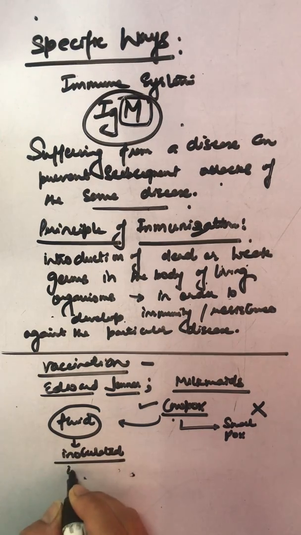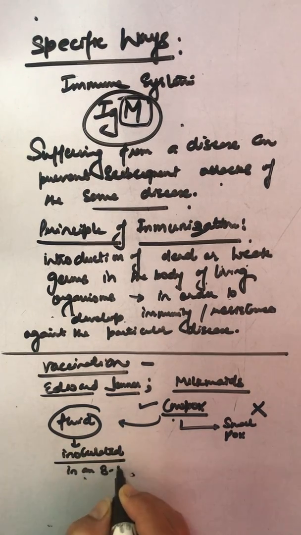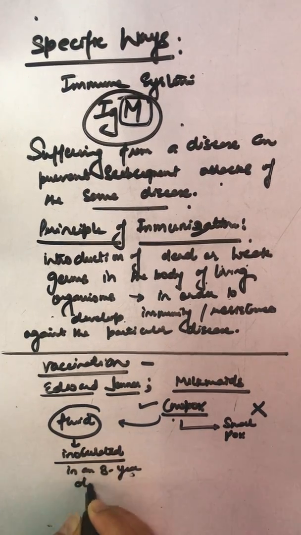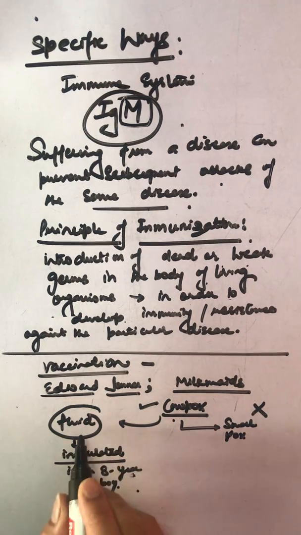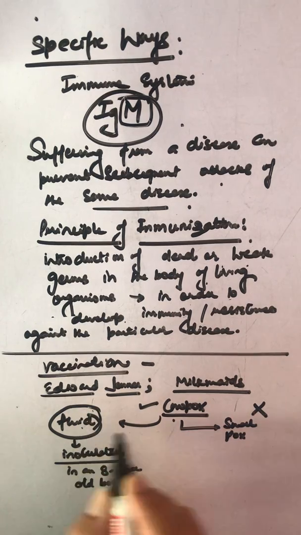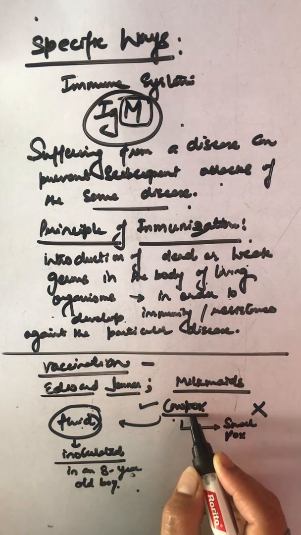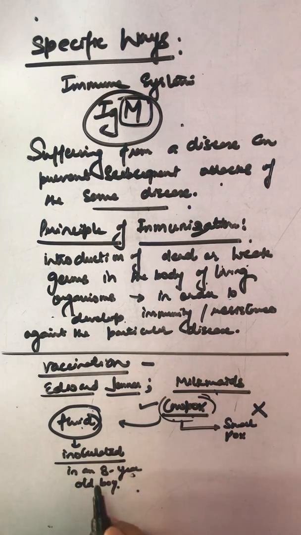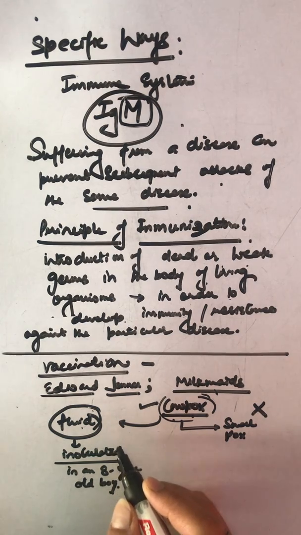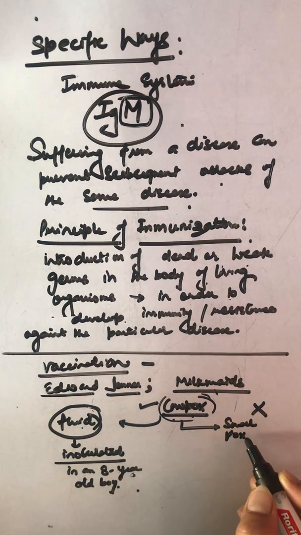in an 8-year-old boy. What for? Basically, he is exposing his body to this kind of antigen, this dead and weak antigen collected from the cowpox diseased man, so that the boy can have resistance against smallpox.